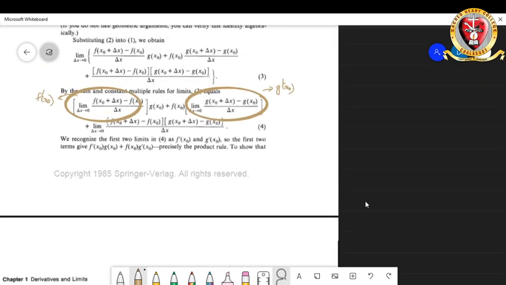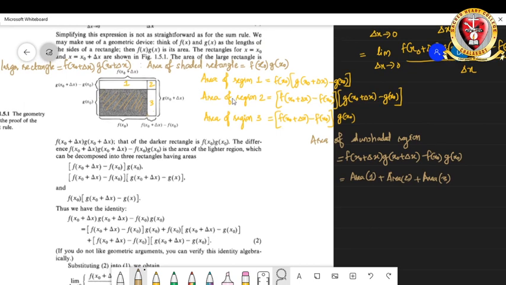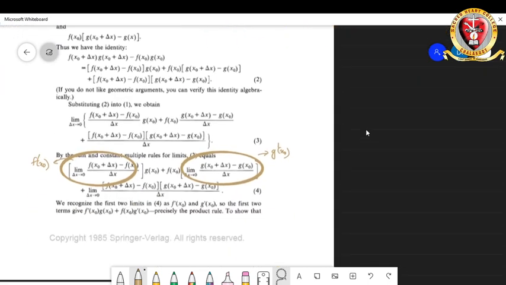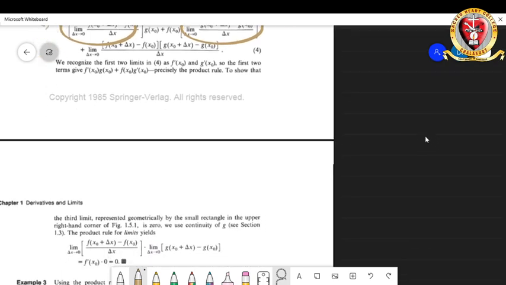So you know that this third limit is coming from the small rectangle here. This is the third term. There is just a rearrangement. We had taken 1, 2 and 3 and they have labeled it differently. So this rectangle represents the third term sitting here.